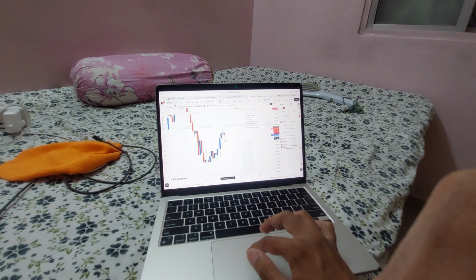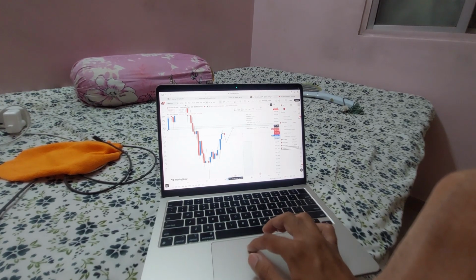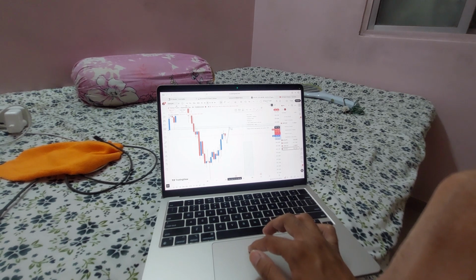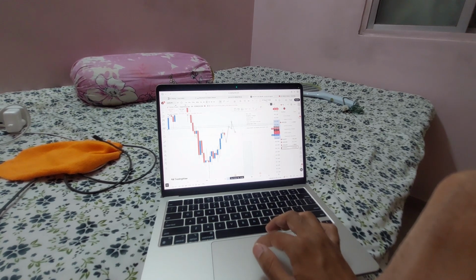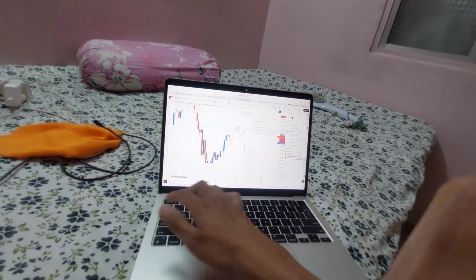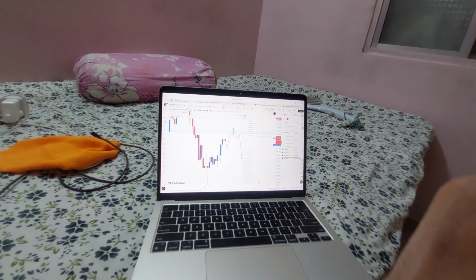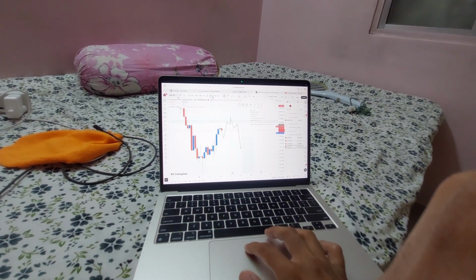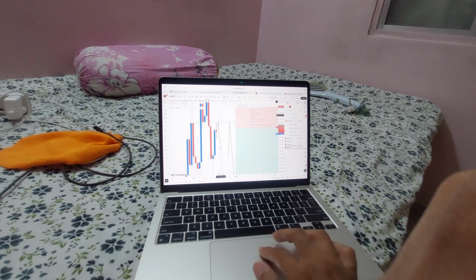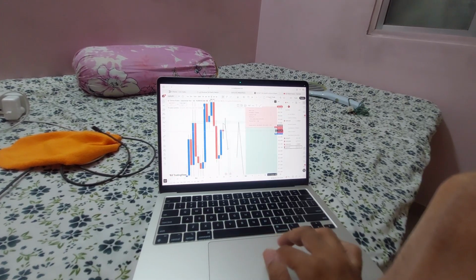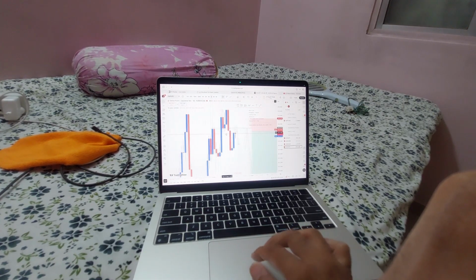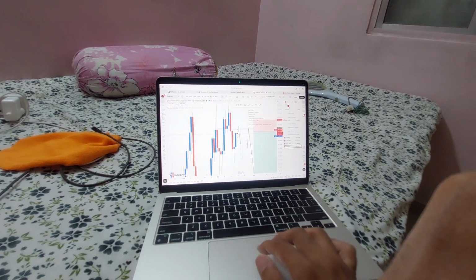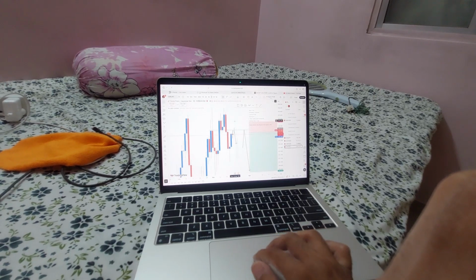It is going to come a little bit up here, then it is going to shift, and then it is going to push to the downside. So pretty much I'm not going to take this trade.